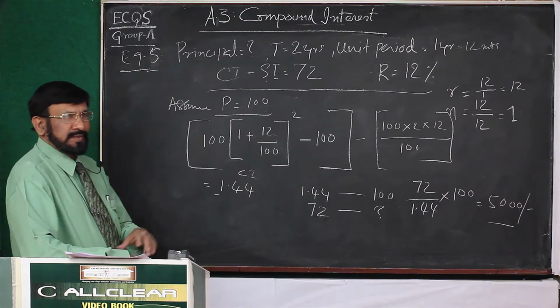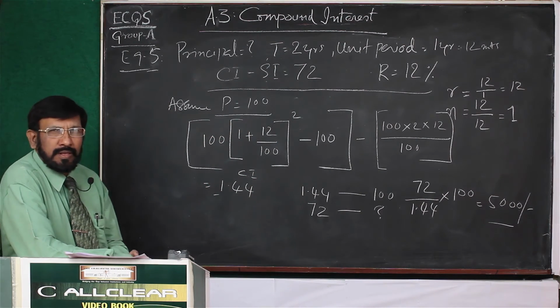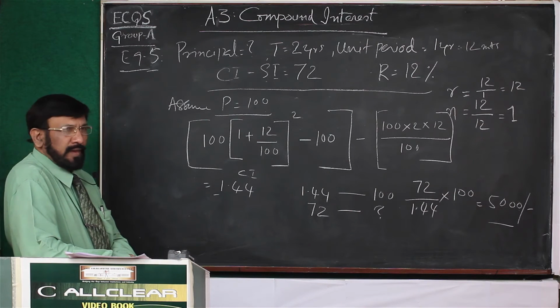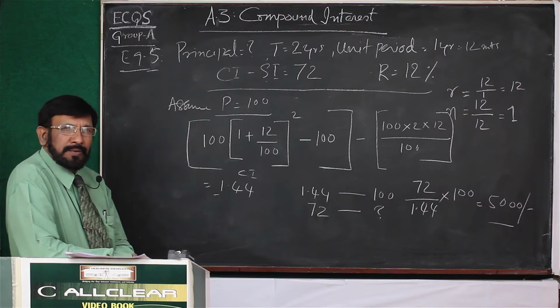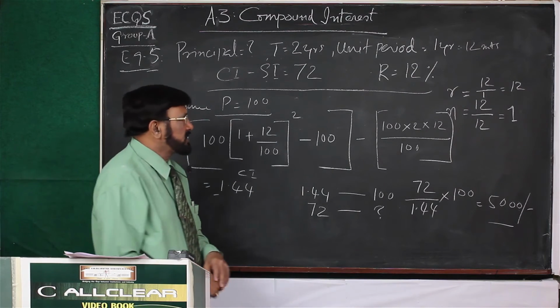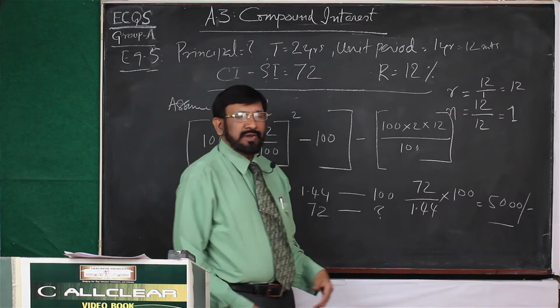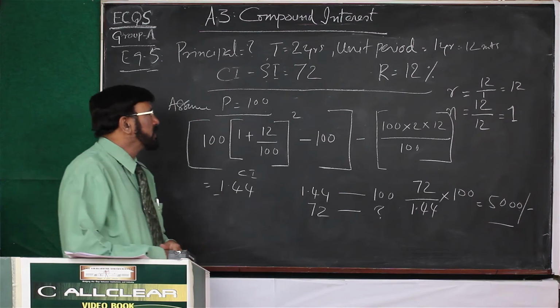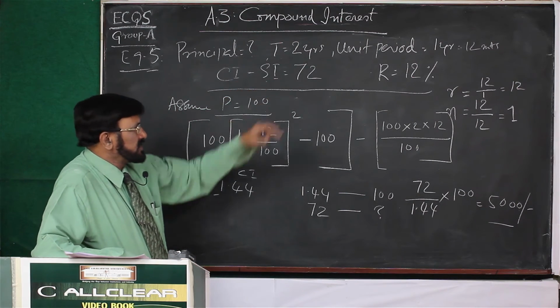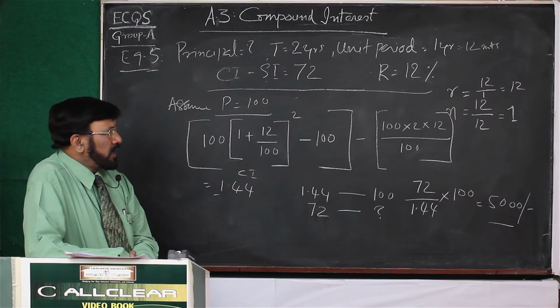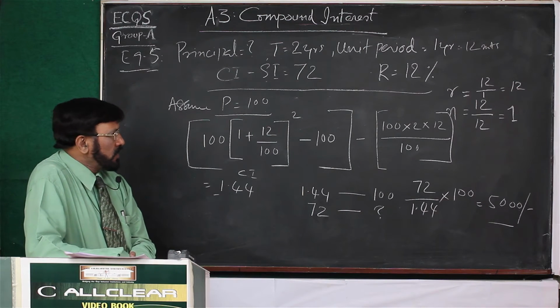Now once again I explain, in this problem principal is not given and time is given, 2 years. For the purpose of calculating compound interest, unit period is given, that is 1 year, means 12 months, and the difference between compound interest and simple interest is given, that is 72, and rate percentage is given, that is 12%.